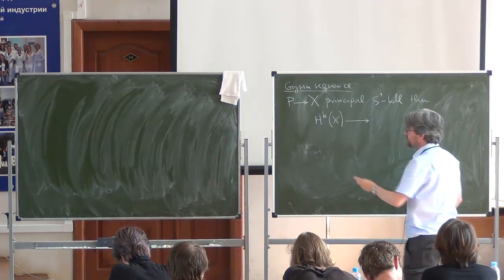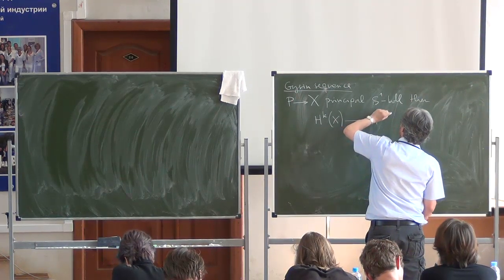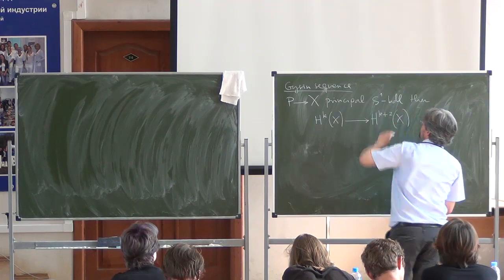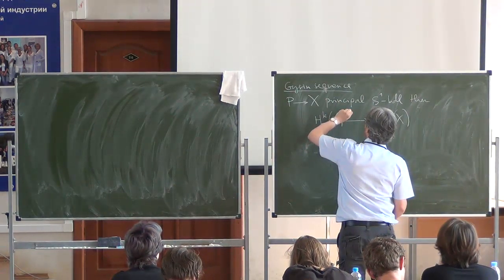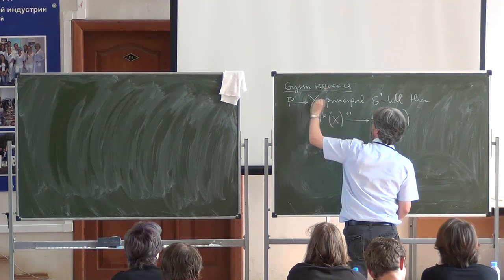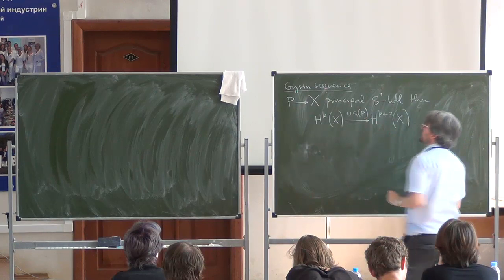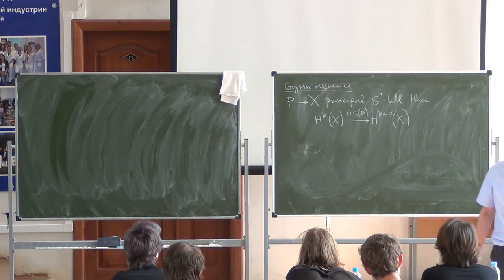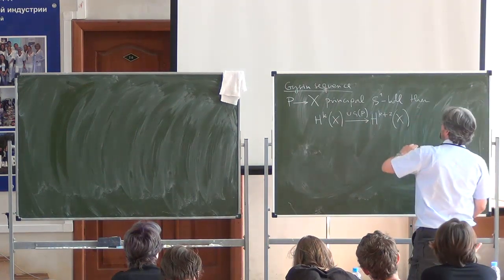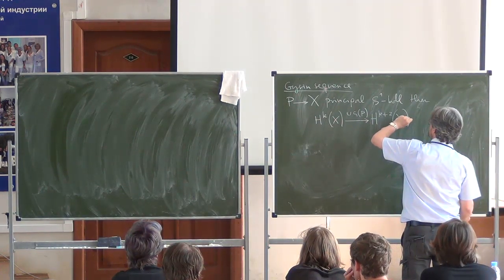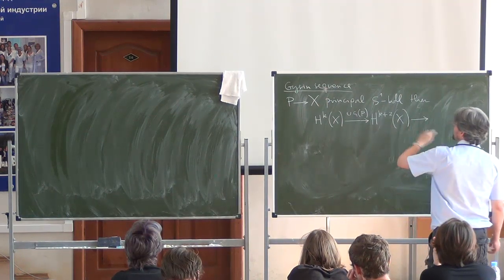You have a morphism from the kth cohomology of X to the cohomology of dimension k plus 2, and this is given by multiplication by the first Chern class of P. The first Chern class of P is an element in the second cohomology group of X. Then you can pull back.